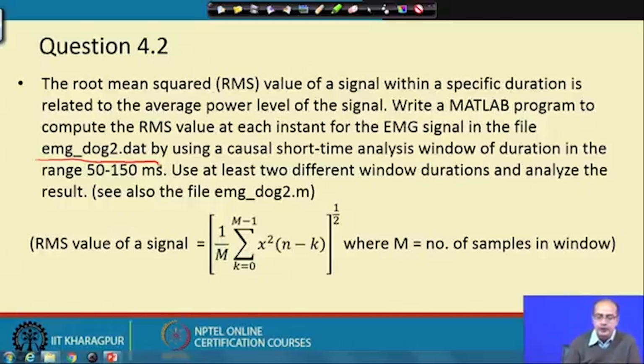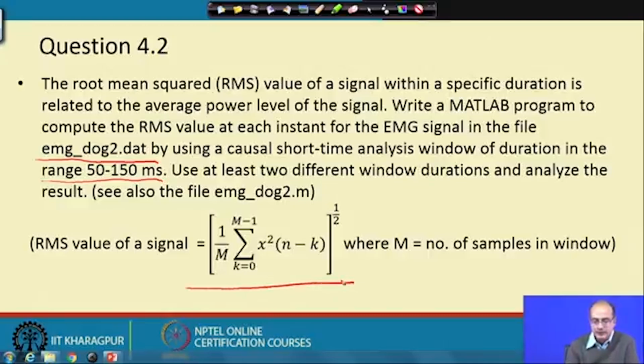and we have to analyze the local RMS for different durations, starting from 50 to 150 millisecond. We can take different windows, 50, 100, 150 in that way, and for each case we can see how the local RMS estimates vary.